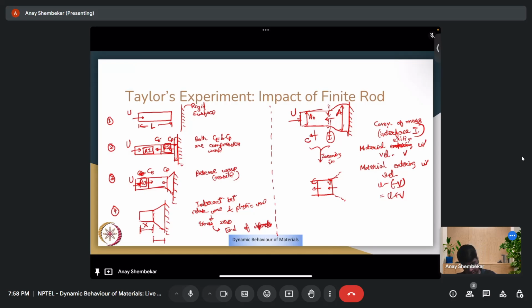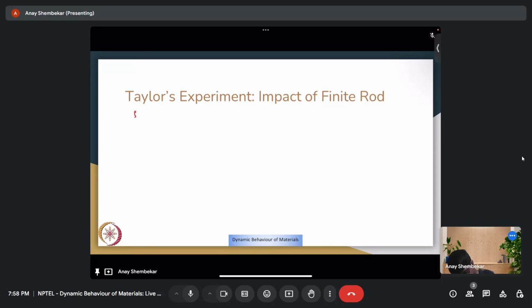If I apply the conservation of mass, rho naught A naught into u plus v, which is the material entering the interface I, is the same as rho A into v. If we assume rho as rho naught, later on when we go into shock waves, we'll have cases where we also account explicitly for density changes.